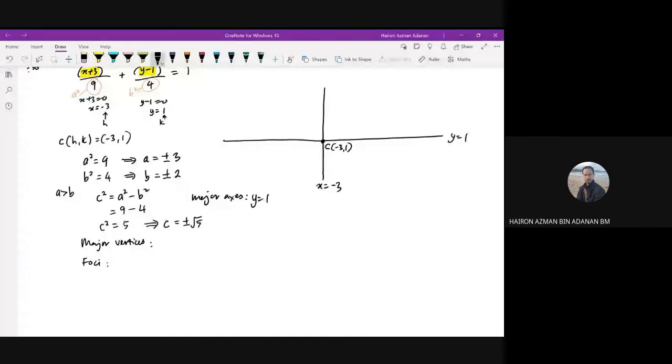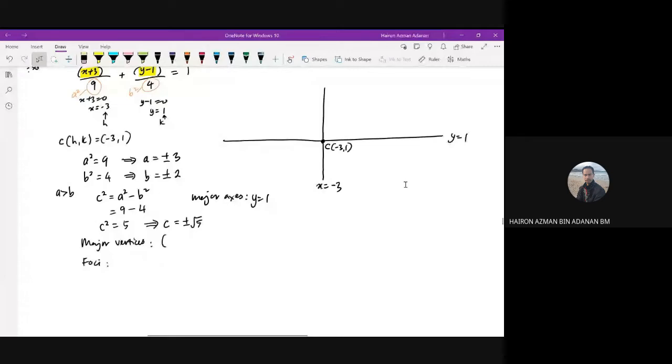All right. So next, how to find the vertices of the major axis? Easier. The changing value is x. The value of x we just plus minus a.